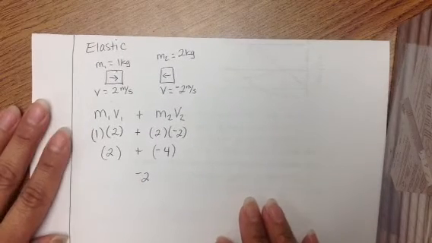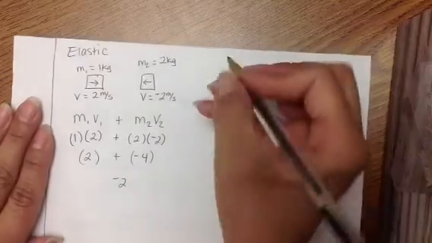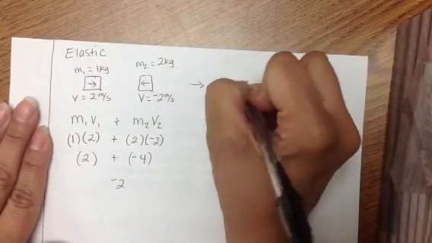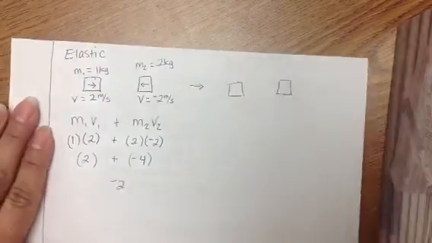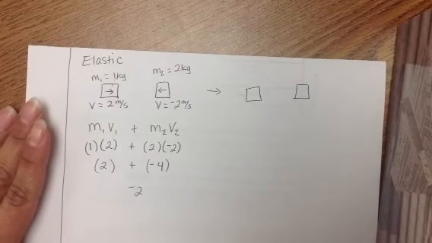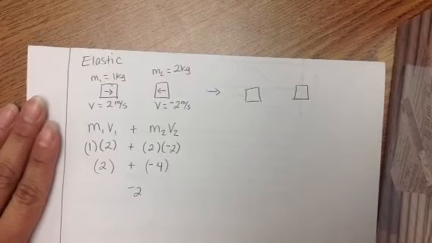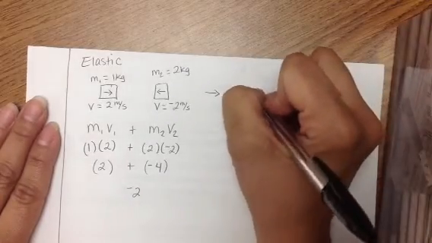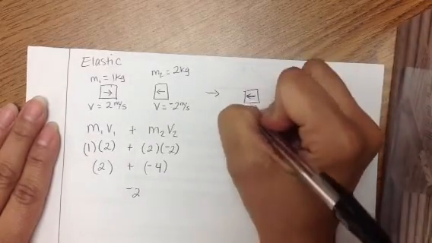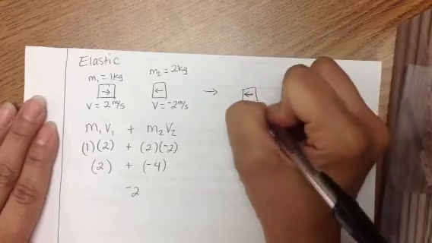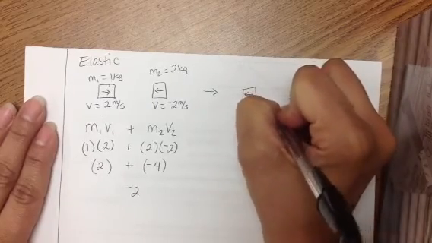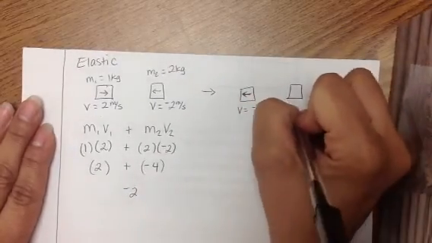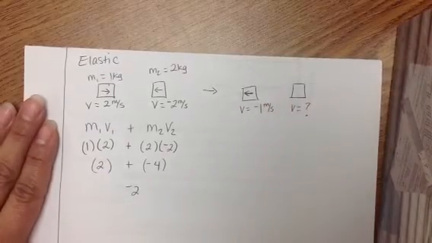Now, if this is an elastic collision, then we know that afterwards they are going to stay independent of each other. And so let's just assume that you were provided with the information that says that the first object is now going to be moving to the left with a velocity of 1, so technically that'd be a negative 1 meters per second. What is the velocity of object 2?